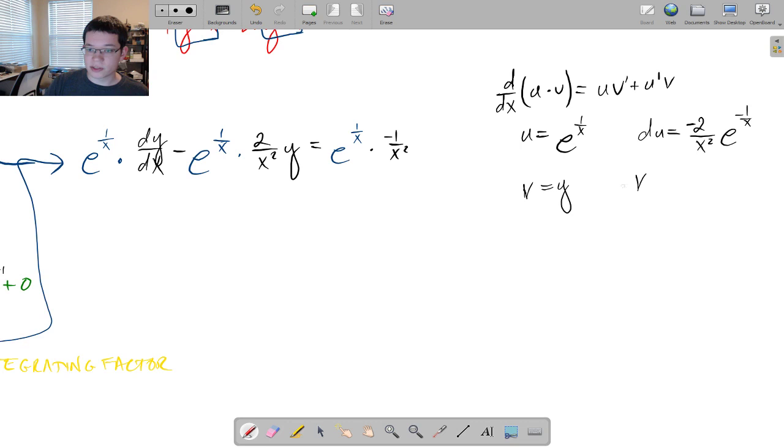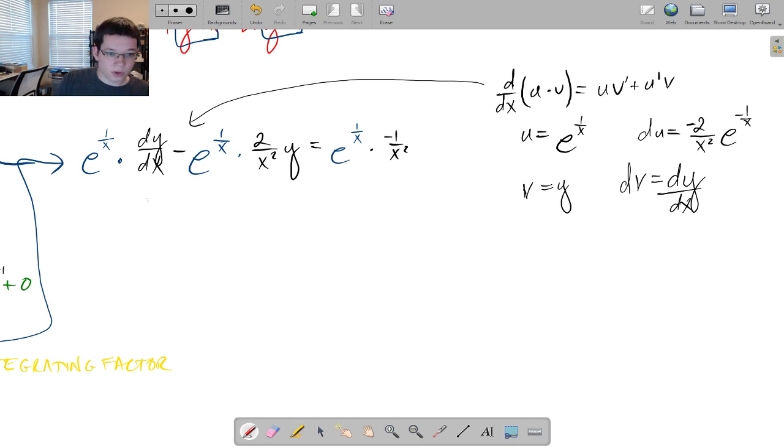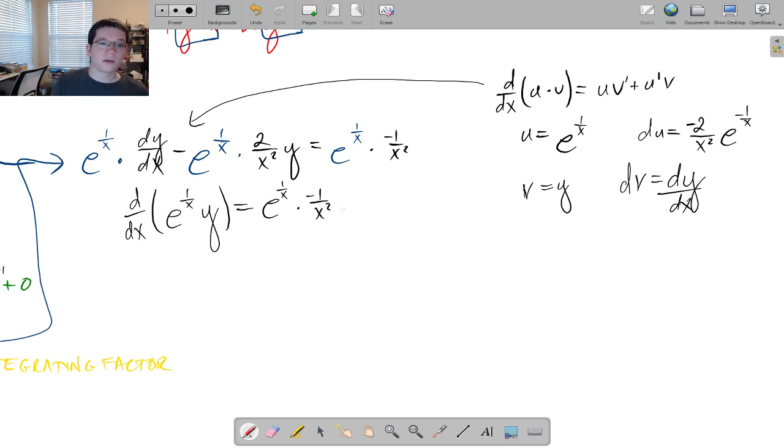And then that gives us dv equal to dy dx. So now what we can do is we can say, since this is the other form, we'll use that on this side. So we have the derivative with respect to x of e to the 1 over x times y equals that.